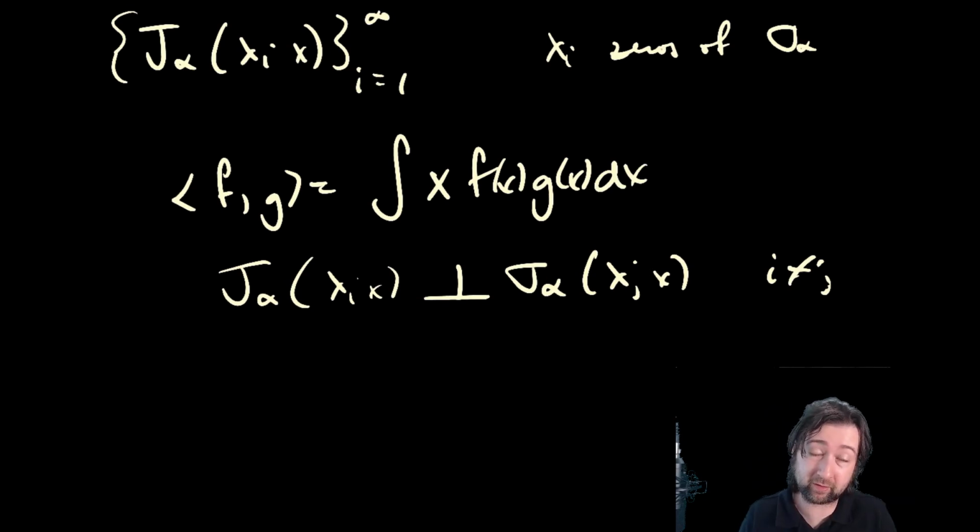And not only are they an orthogonal system, but they're a basis for the space of functions with this slightly modified inner product. And so the big theorem here, the upshot of all of this, is that once you have the Bessel functions and you fix down the system that you're working in by choosing a value of alpha, you can describe any other function in that system in terms of solutions to the Bessel functions, which you can think about as taking a complicated function and breaking it down in terms of propagating waves.